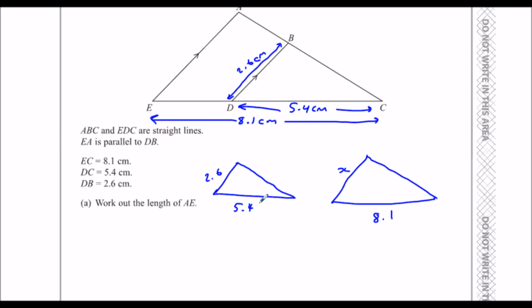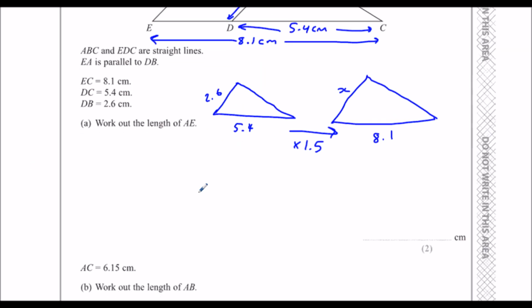And we do that by saying, well, what do we multiply 5.4 by to get to 8.1? And we can do 8.1 divide 5.4 on the calculator, and that will tell us that it's 1.5. So to go from the small shape to the big shape, we multiply by 1.5. So to go from 2.6 to x, 2.6 times 1.5, type it in the calculator, and we should get 3.9.